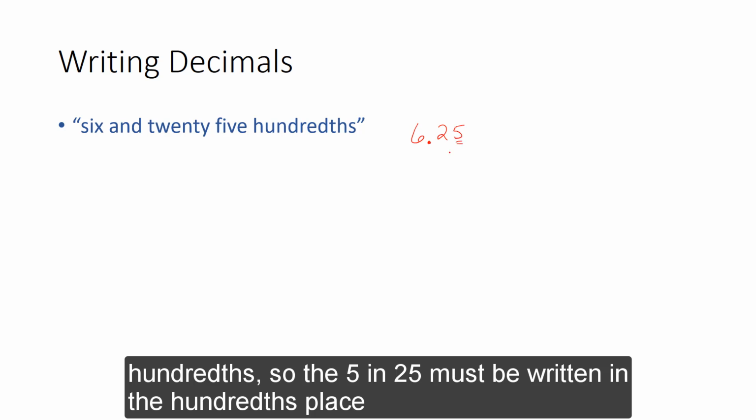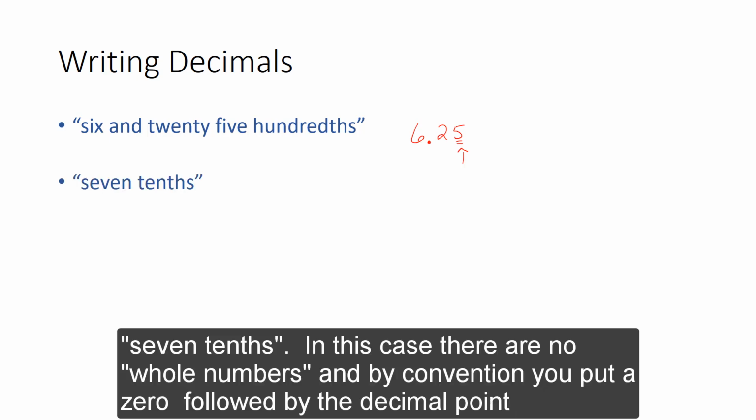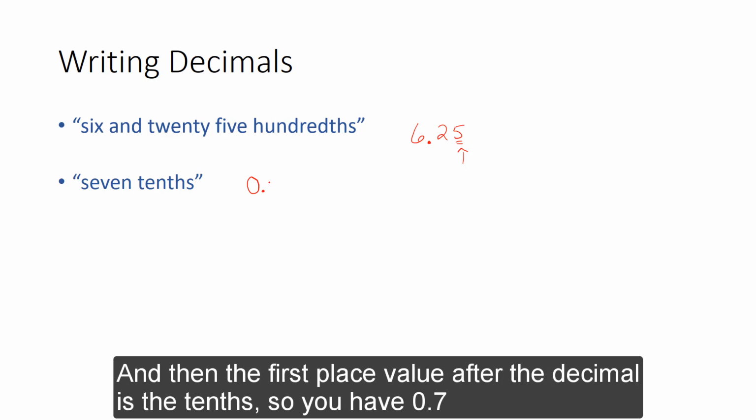So this will be written as 6 and 25/100ths. Again, there's the hundredths. Next, 7/10. There are no wholes, and by convention you do want to put the 0 there, followed by the decimal point, and then the first place value after the decimal is the tenths, so you have 7/10.